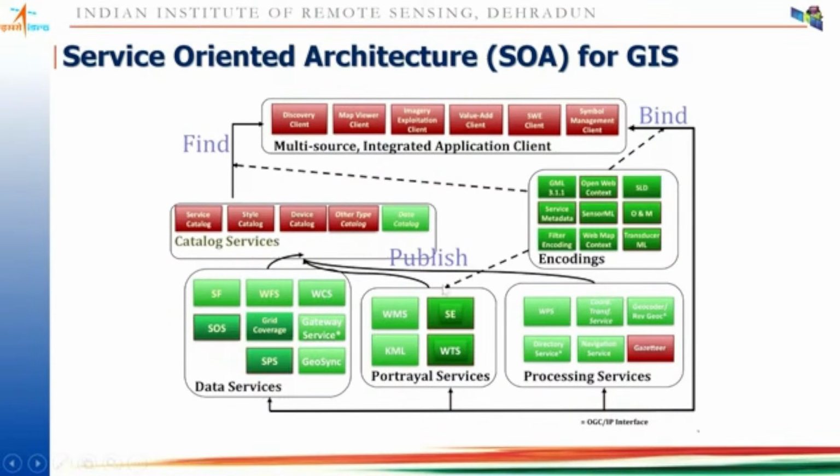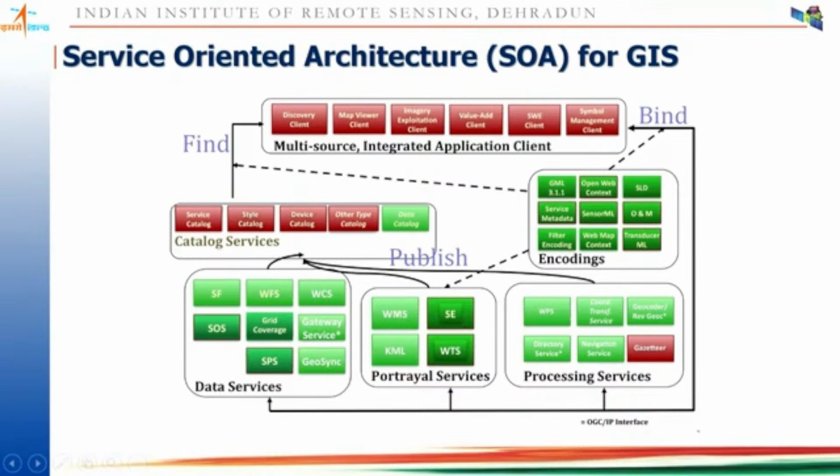Now how can we control the GIS data in a service oriented architecture? We can publish the data only as a portrayal service. You can only see the data. You cannot use the data for any analysis, just displaying it. That comes under the category of portrayal services.